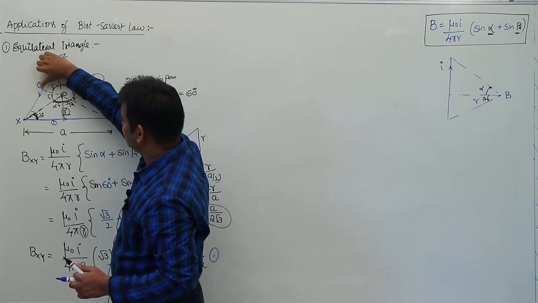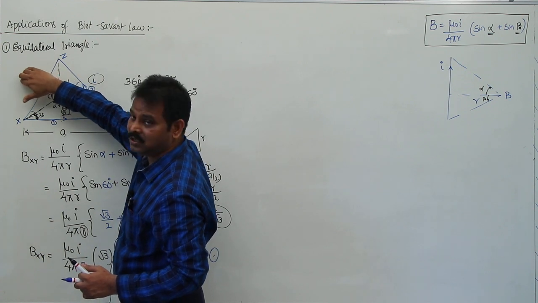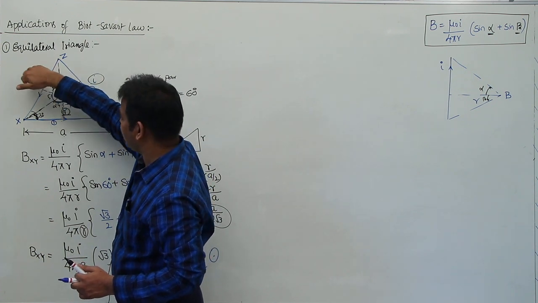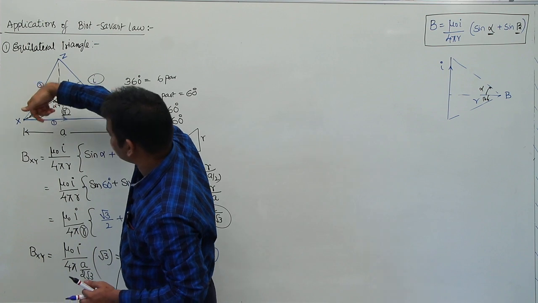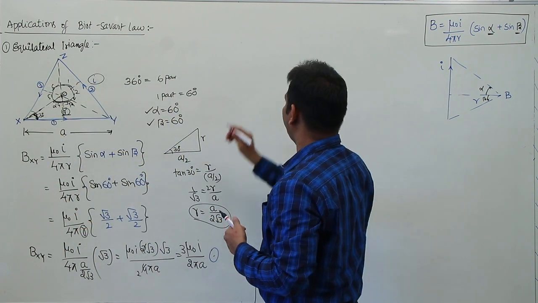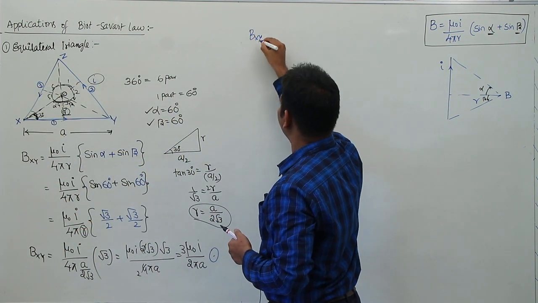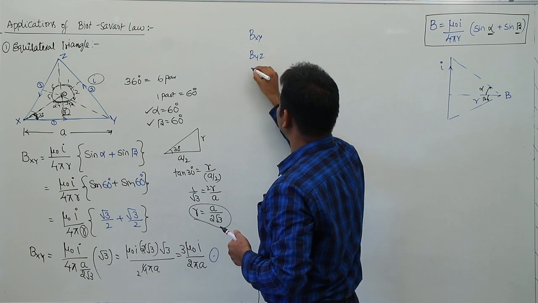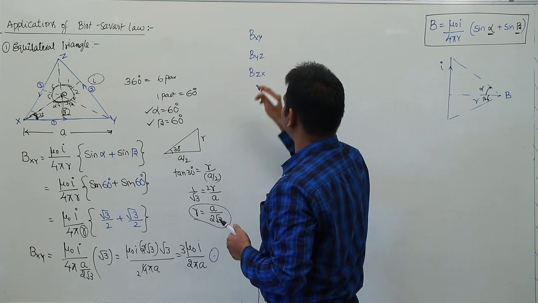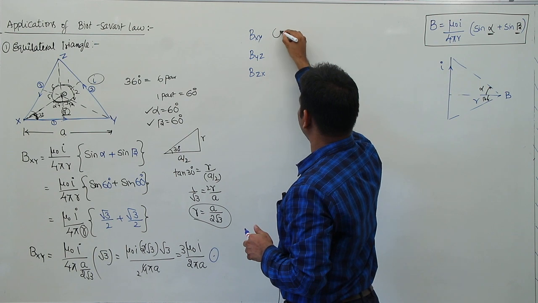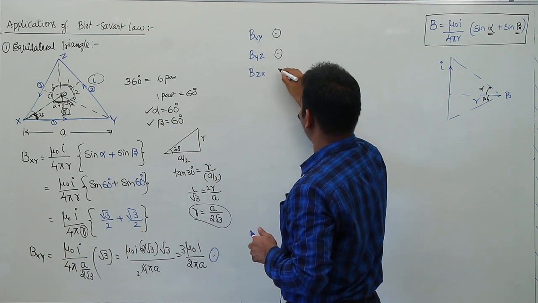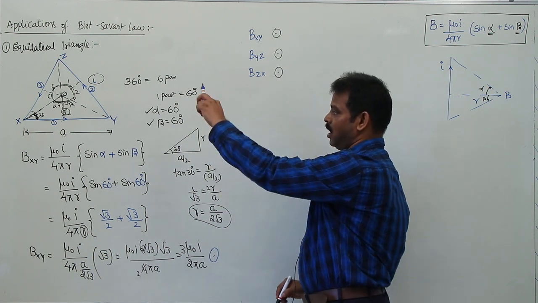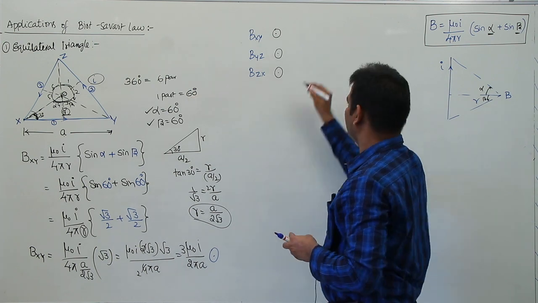Similarly here, if you keep the finger like this, here the field is inside. Outside the triangle the field is inside, but inside the triangle the field is outside. So the magnetic field due to XY, the magnetic field due to YZ, the magnetic field due to ZX, this is acting outside, this is acting outside, this is acting outside. All these three fields are acting outside.